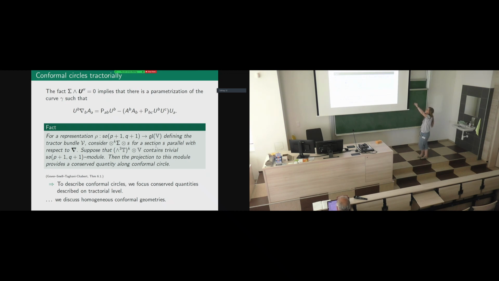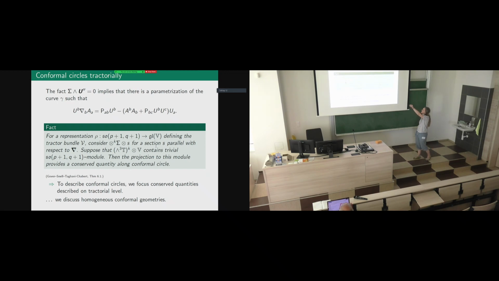So this is a pretty natural object, or condition, to study, and we follow the work of Gover, Snell, and Taghavi-Chabert, a bit more generally, but we reformulate it in a more practical language. The first observation is that for a representation rho of SO to GL(V) defining a tractor bundle, we can consider this element, a tensor kth power of sigma times s for a section s which is parallel with respect to the tractor connection.